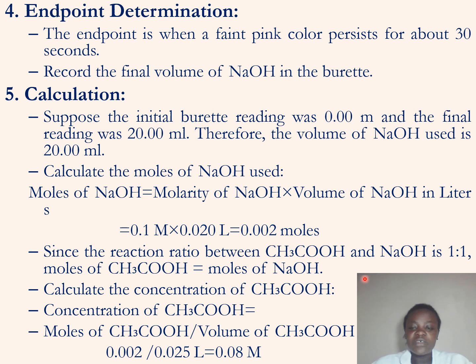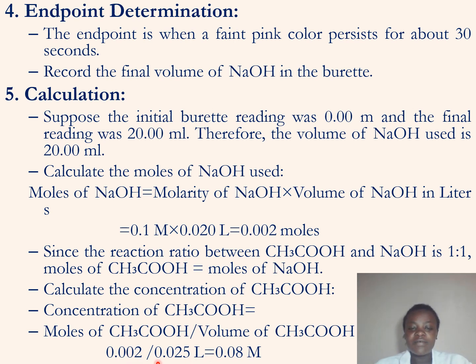Then remember the reaction, the mole ratio between acetic acid and sodium hydroxide was 1:1. Meaning the number of moles of acetic acid is equal to the number of moles of sodium hydroxide. We want to get the concentration of the acetic acid. We have its volume. We pipetted 25 ml, which in liters is 0.025 liters.